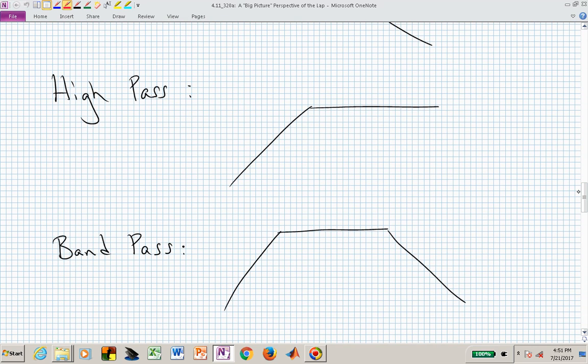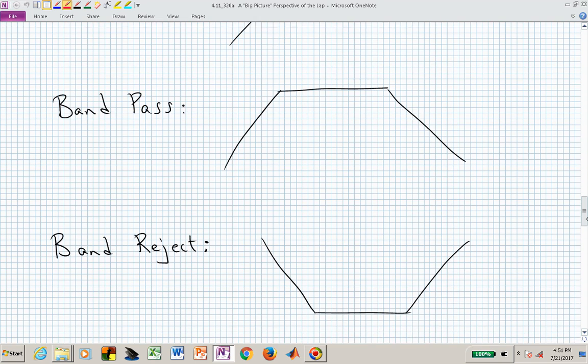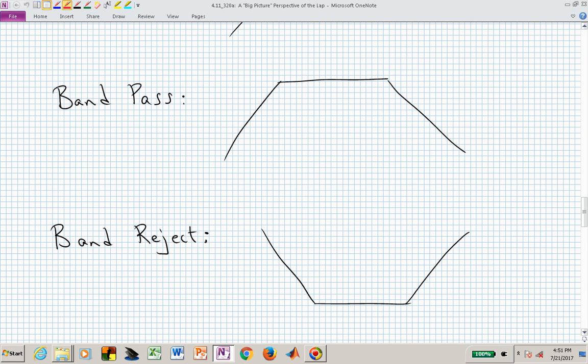We could favor particular frequencies in a band. So we might discard low frequencies, we might discard high frequencies, and we might favor a particular band of frequencies. Or we could do the reverse of that, and we could reject frequencies in a particular band.